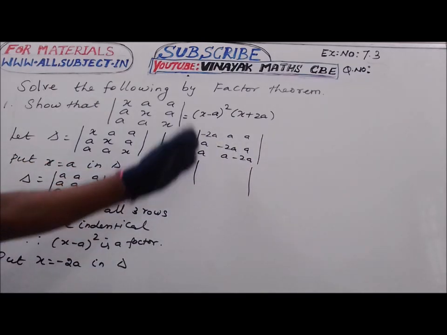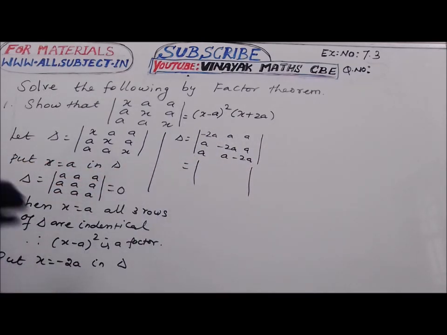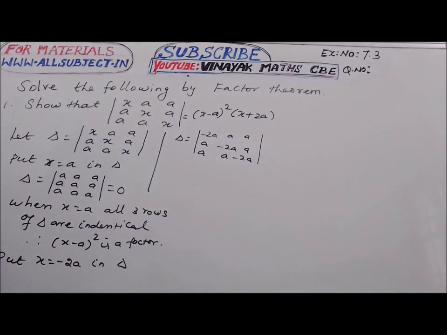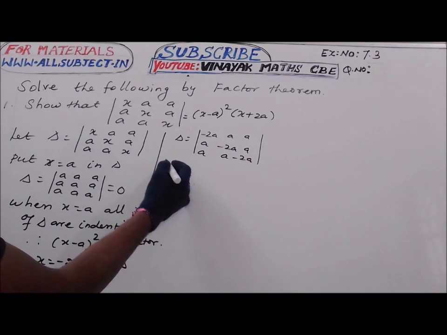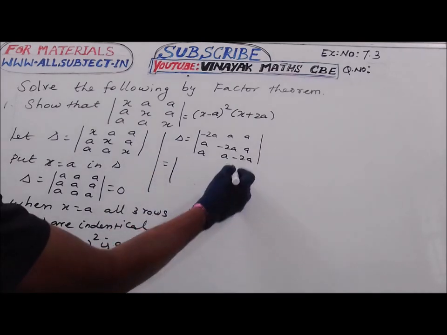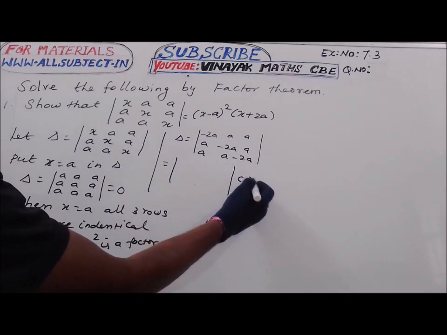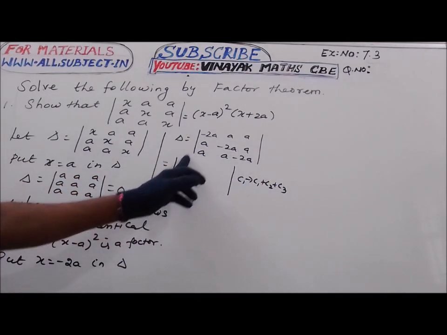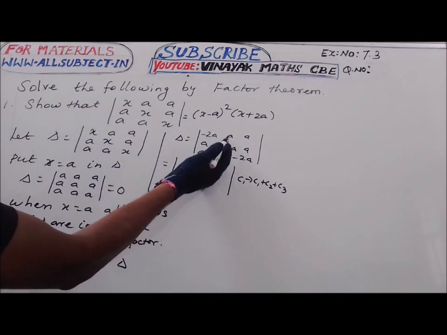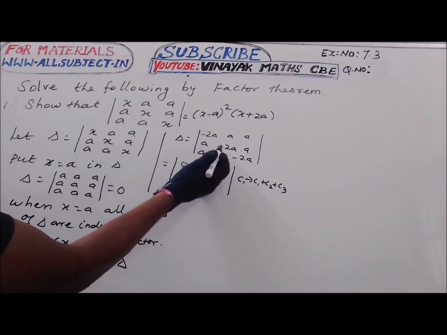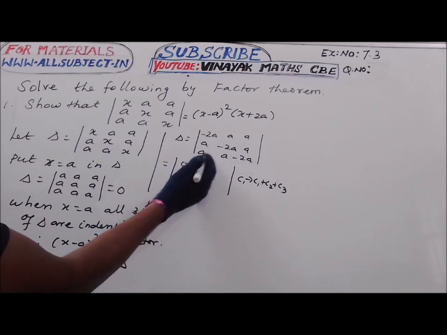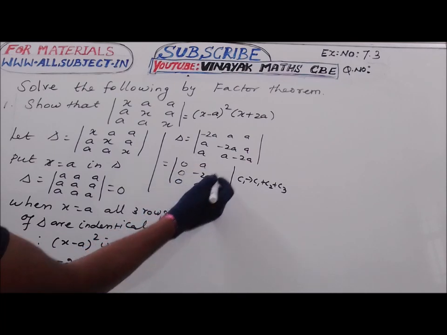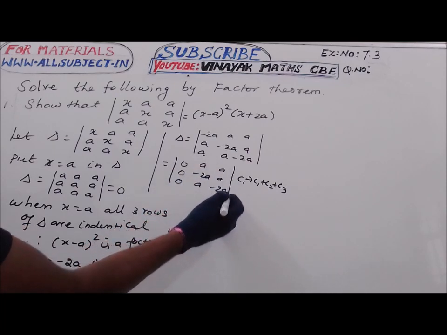Adding all the columns and substituting in column 1, we will get C1 tends to C1 plus C2 plus C3, or R1 tends to R1 plus R2 plus R3. Adding all the columns, substituting in the column 1: minus 2a plus a plus a is 0, a minus 2a plus a is 0, a plus a minus 2a is 0, and the rest remains.